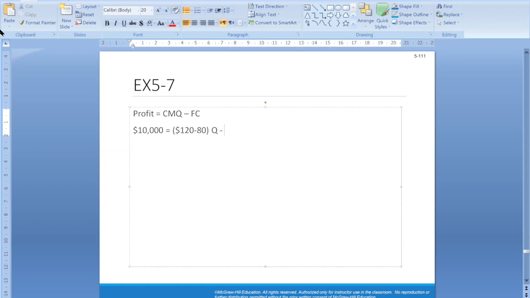And the fixed expenses are given to be $50,000, okay? $50,000.